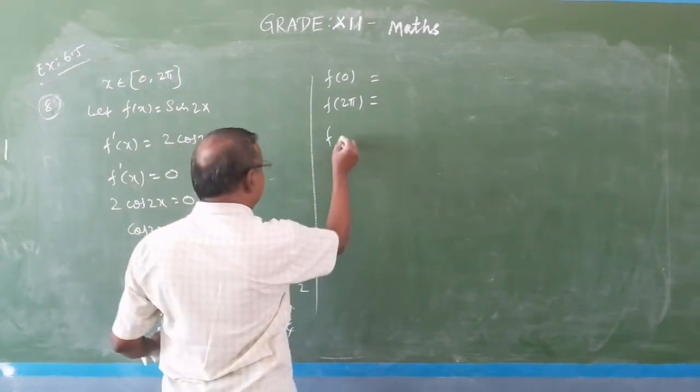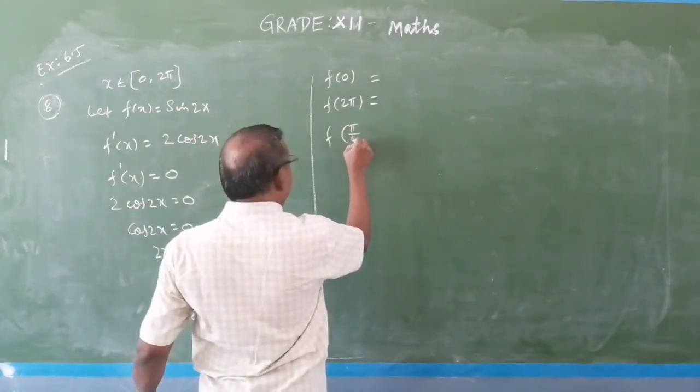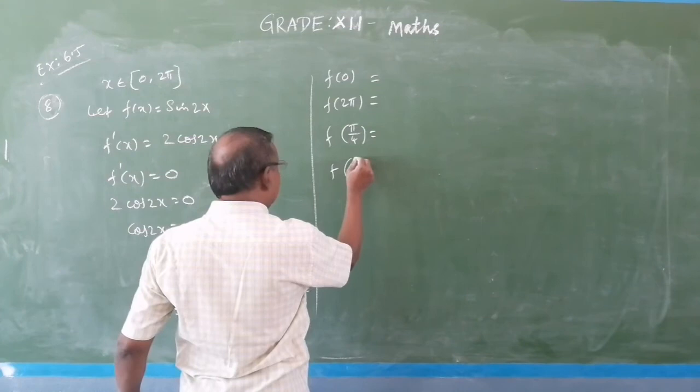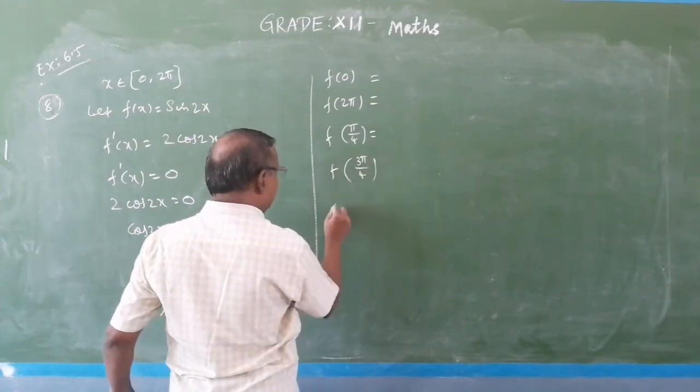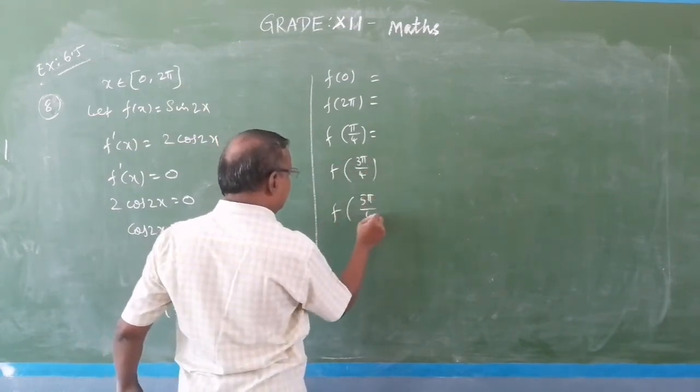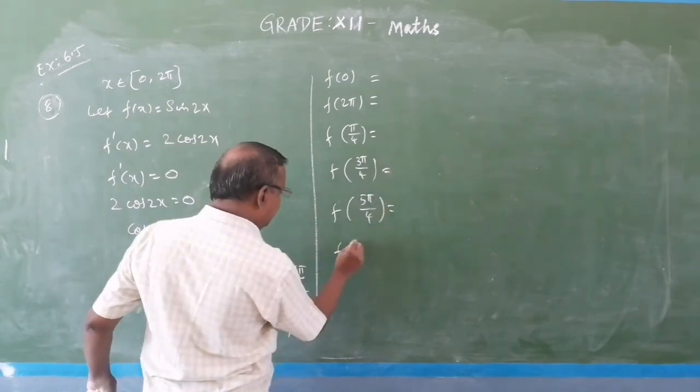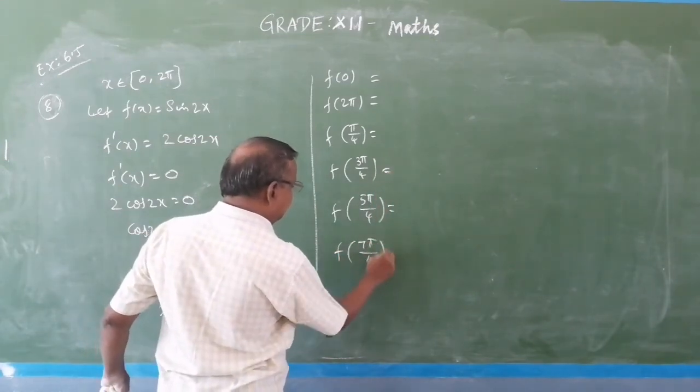So, f of pi by 4, f of 3 pi by 4, f of 5 pi by 4, and f of 7 pi by 4.